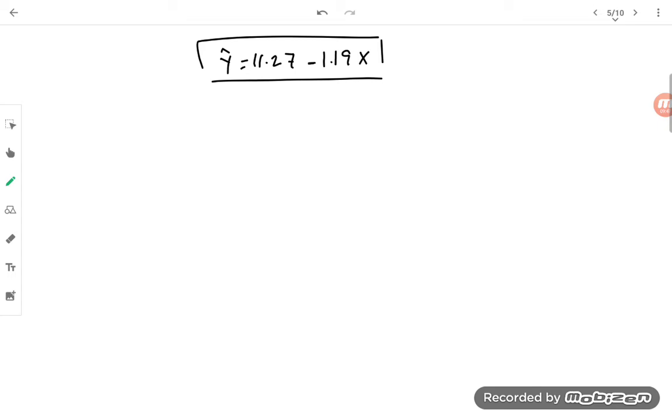Also, we can find the estimated value of E hat. E hat is calculated as y hat minus y. Y hat means that we are going to substitute using the values of x in this equation.